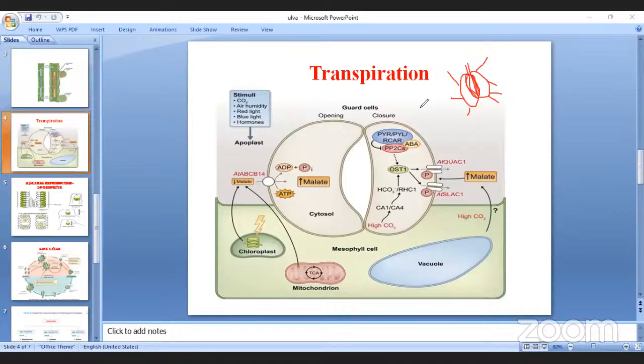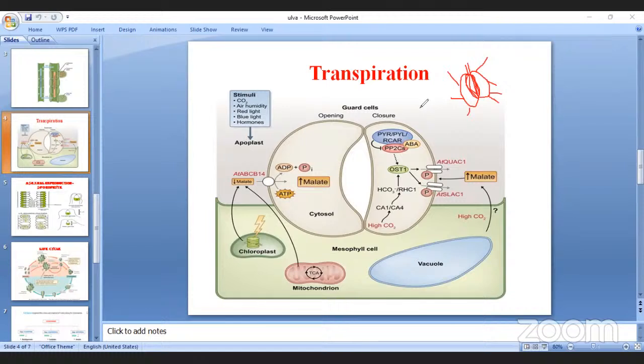So how does the stomatal movement happen? Stomatal movement means how the stomata close and how the stomata open. That's it. Let's see the stomatal opening and closing. In most plants, stomata open during daytime, right?